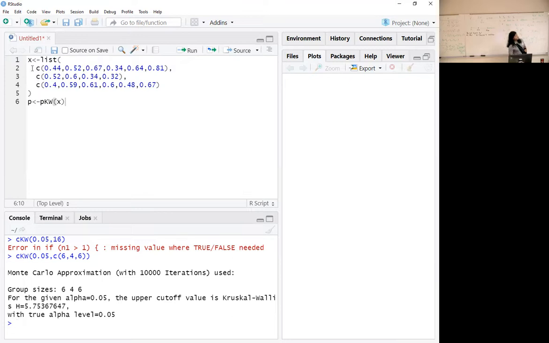You can go back to the data here, find the median of each of them, and pick the one that has the largest median. In non-parametric statistics, typically we go for the median. Parametric case, mean.